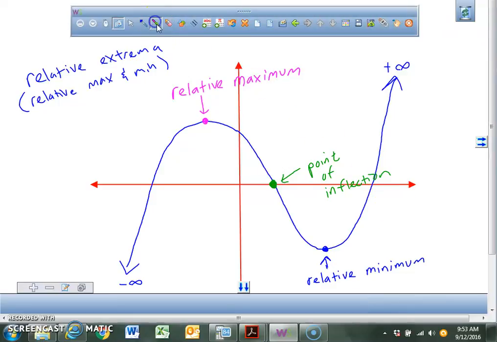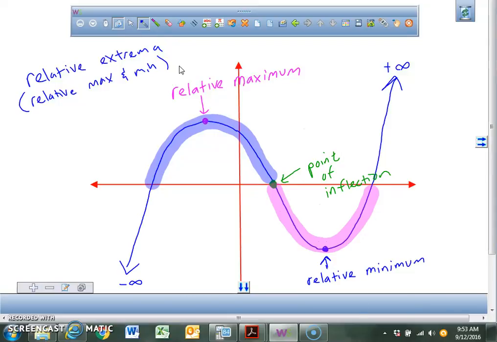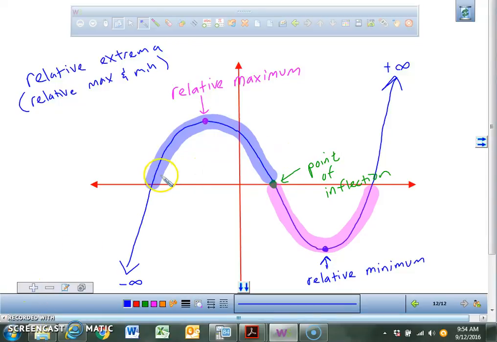Now, next thing I want you guys to do. I want you to shade this curve in one color, and I want you to shade this curve in another color. You got some colors that you use? Do you guys see how this is curving down?